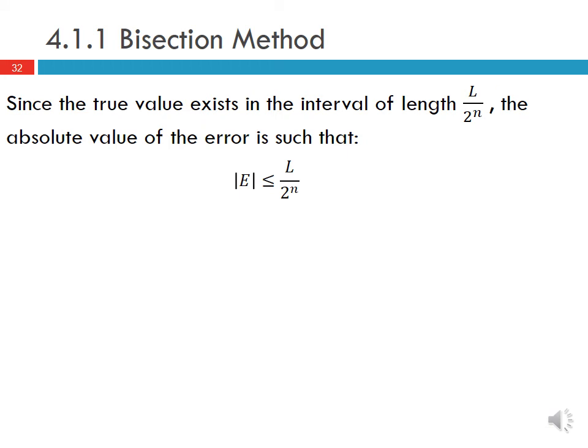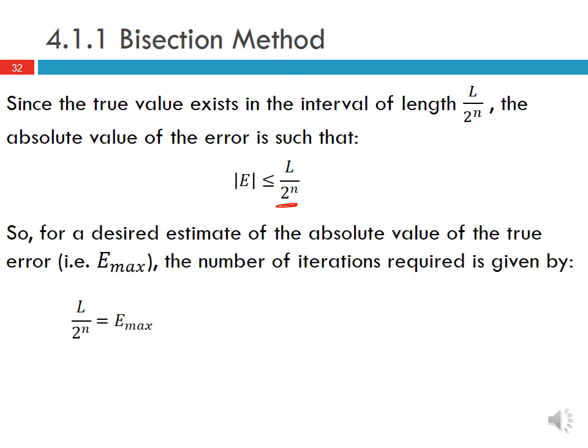And we know that the true value exists somewhere in this interval of length L over 2 to the power of n. So that means that the absolute value of the error has to be less than that. So the absolute value of E is less than or equal to L over 2 to the power of n.